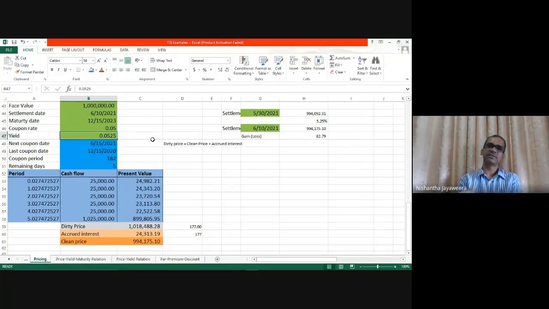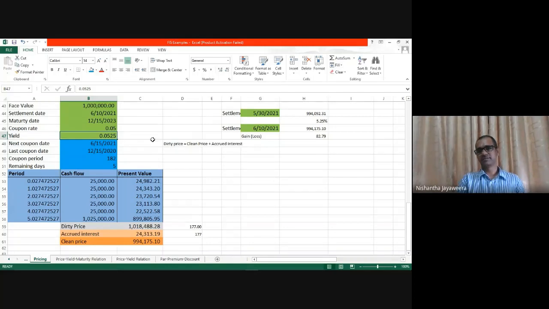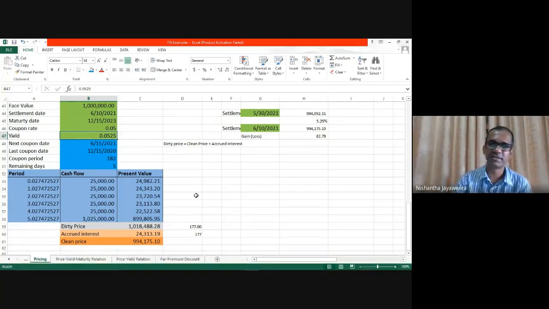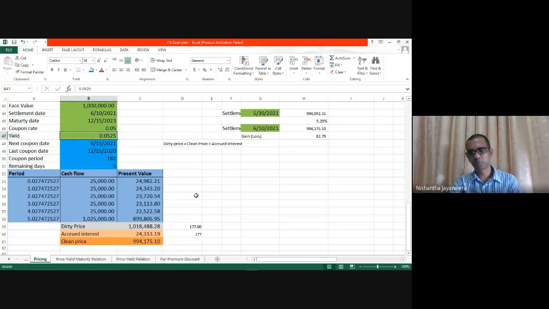But in this instance, there's a price change. What is the reason? The period, right? Yes. Now we have a shorter period. So then what would happen? The price would go closer to face value, par.